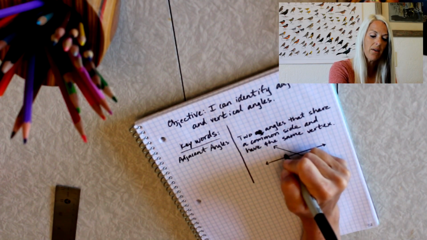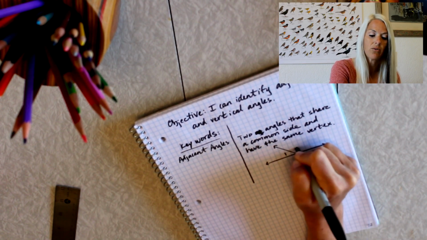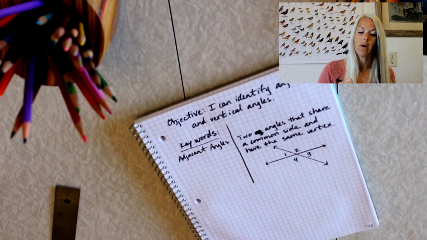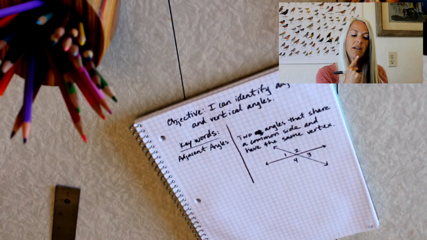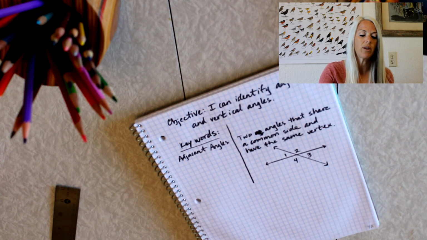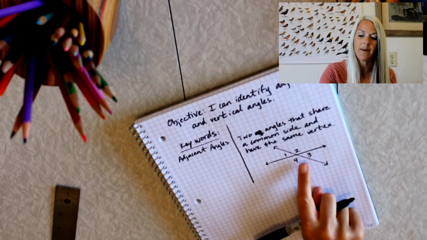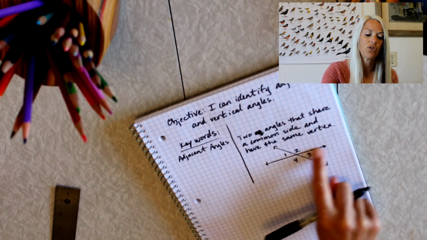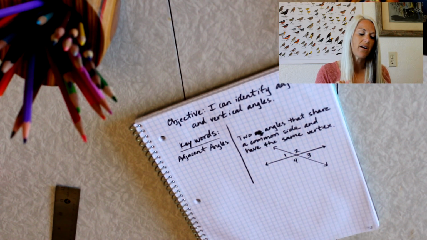So that's kind of your goal right now, and getting that on your paper to show what adjacent angles are. So we'll call this angle 1, this angle 2, and this angle 3, and this angle 4. Now again, when talking about adjacent angles, we see that it's two angles that share a common side, so the same side, and have the same vertex. So if we look here, we can see that angles 1 and angle 2 share a side.